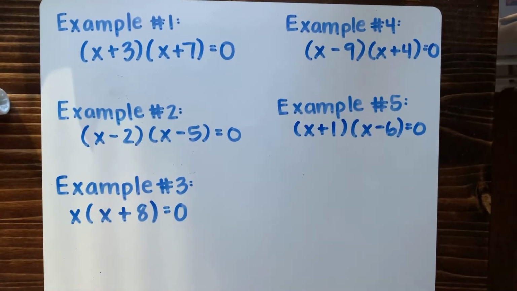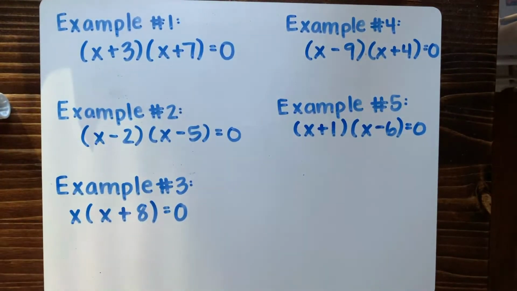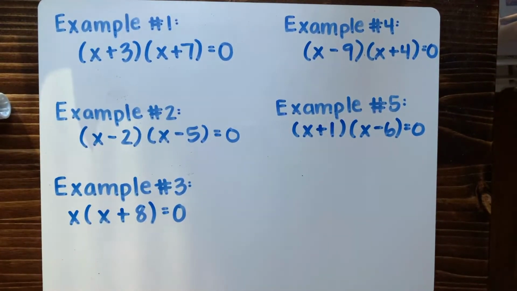Today I just want us to focus on actually identifying roots from the function, and tomorrow we'll get back to our factoring topic. So remember that this is the factored form of our quadratic function. All of these are quadratic functions that have been factored.